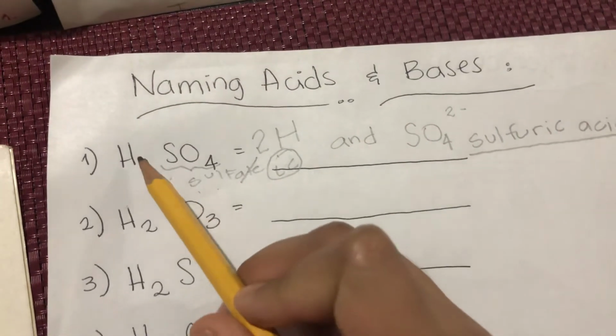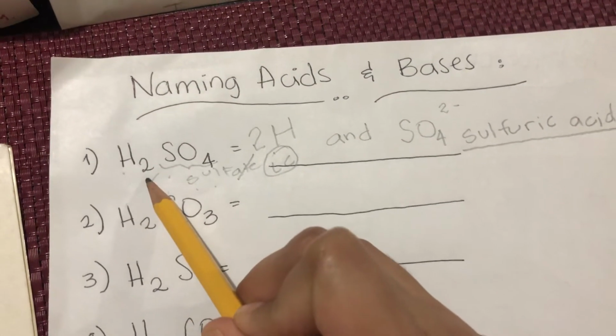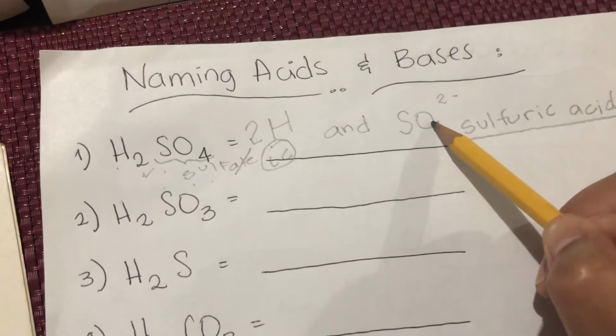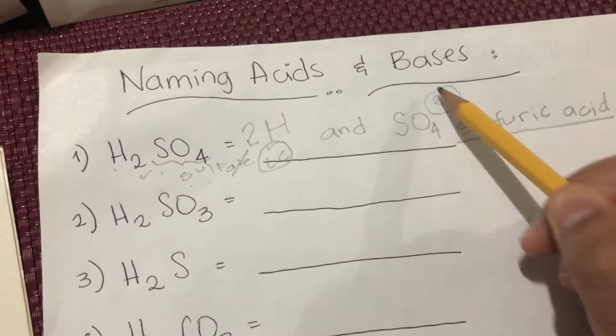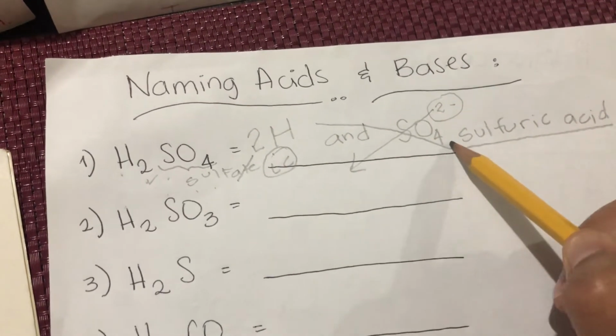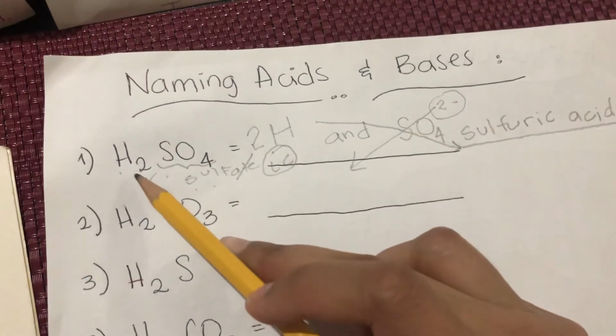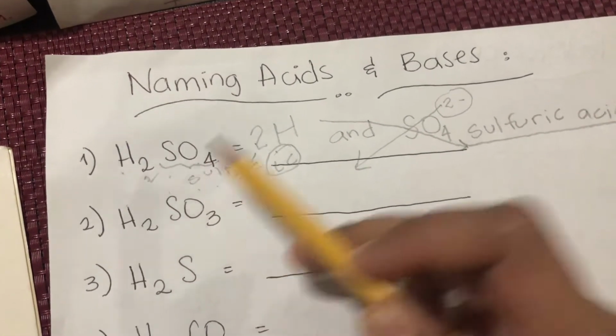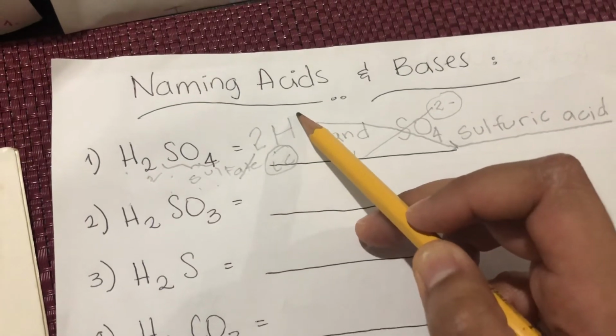And why do you think hydrogen has a subscript 2? Very good. Because sulfate has a 2- charge. That means I need to cross the charges, and hydrogen will have a subscript 2, and sulfate doesn't have any subscript because hydrogen is 1+.